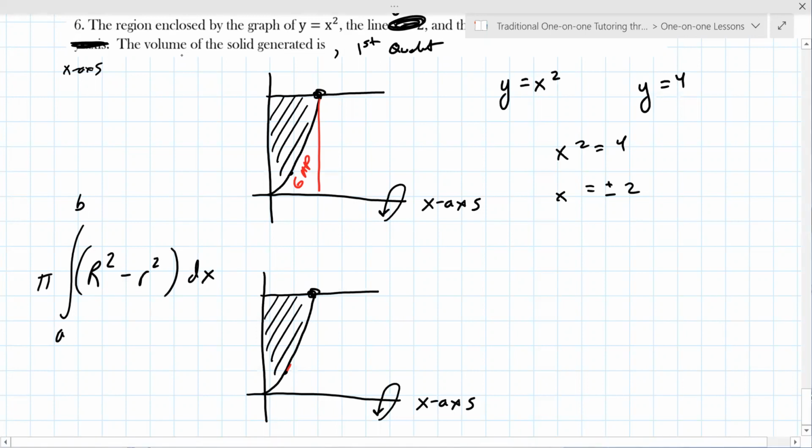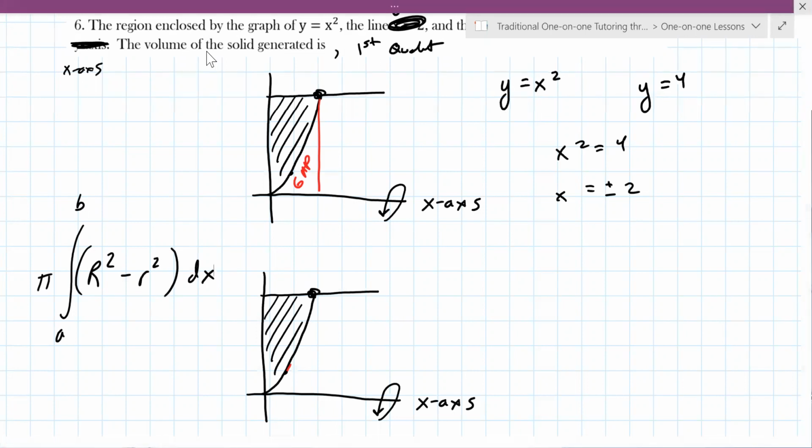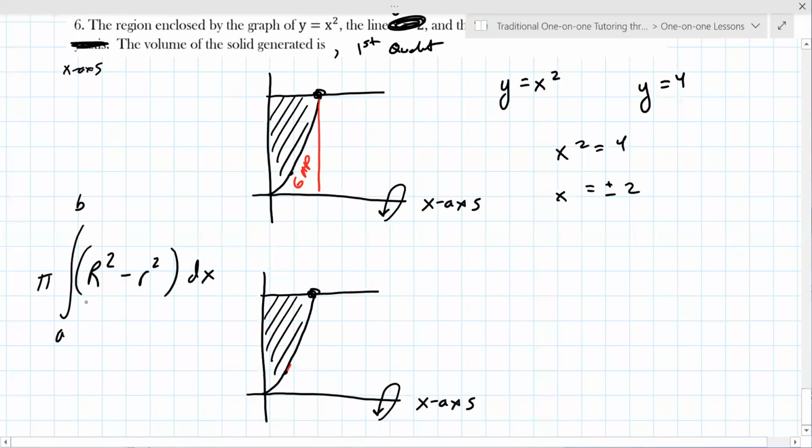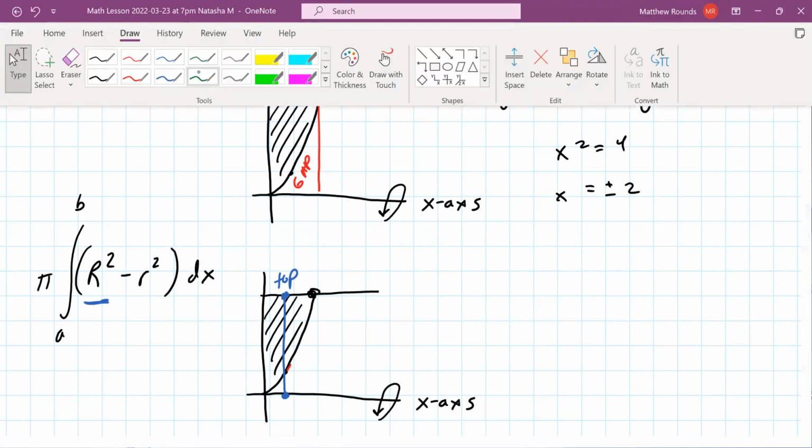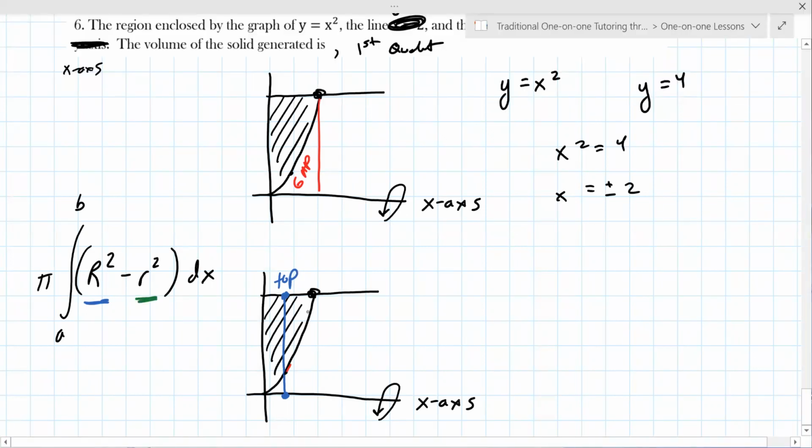So for this problem, I'm going to try and show you big R in blue. Big R is always the distance from whatever you're revolving around to the top function, because it's always top minus bottom. The green r, I'm going to use green for the little r, is changing.